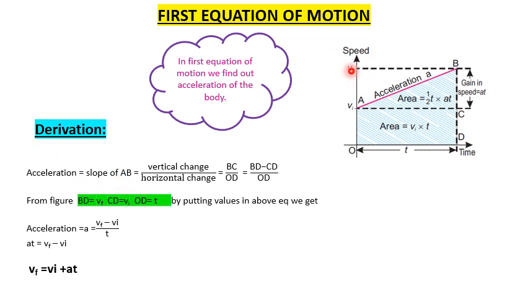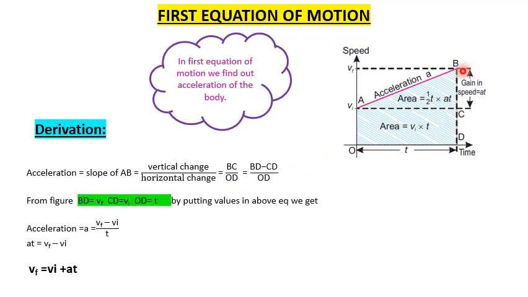Slope is the ratio between vertical change and horizontal change. Vertically the change is in velocity Vi to Vf, and from the graph these points are from B to C. This is the vertical change, and horizontally the change is in time from point O to point D. This is the horizontal change.